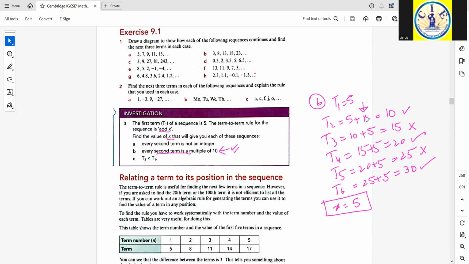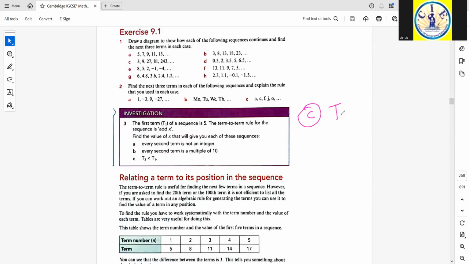Now, for part C, T1 is 5. So T2 is 5 plus x. The condition says that the next term should be lesser than T1.